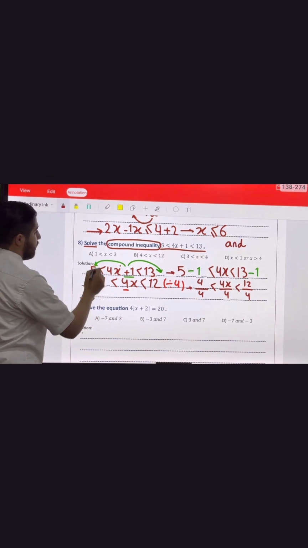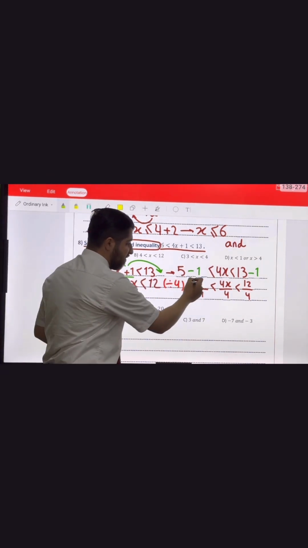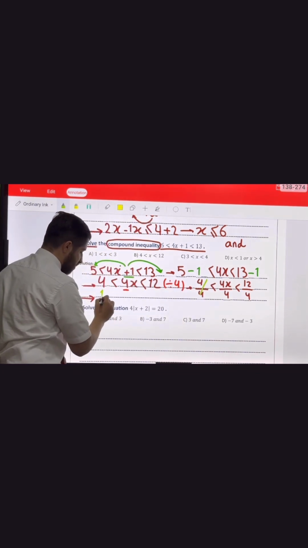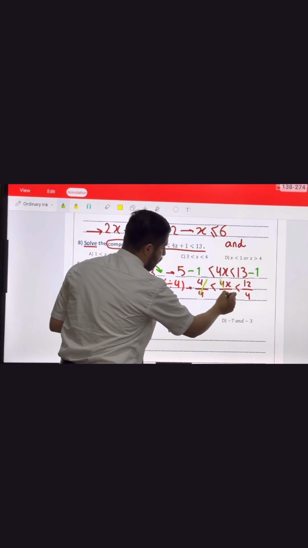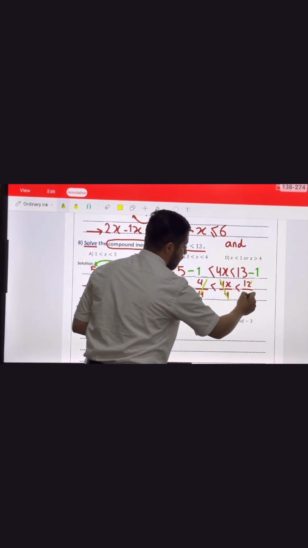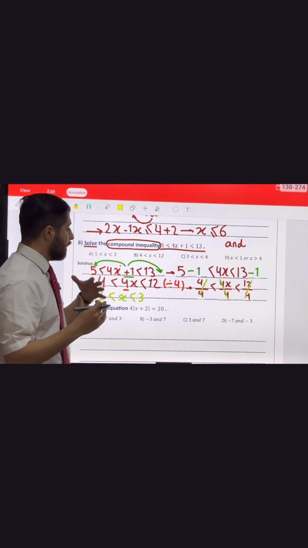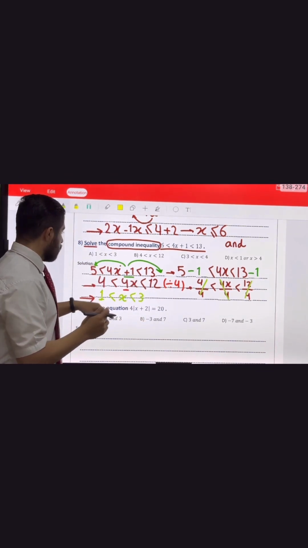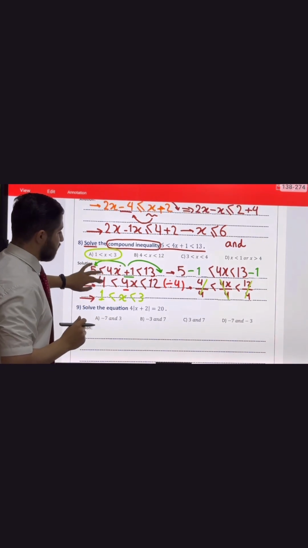And the last step will be 4 dividing by 4, you remove that and you get 1, because 4 divided by 4 is 1. Less than, the 4 is going, x will remain, less than 12 divided by 4, you get 3. So the option that contains my answer is the answer that I have. So option A. Okay, that's the answer for that question.